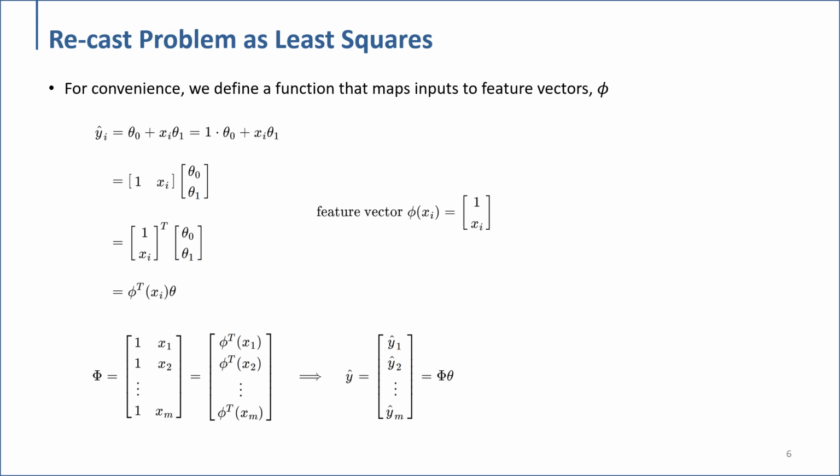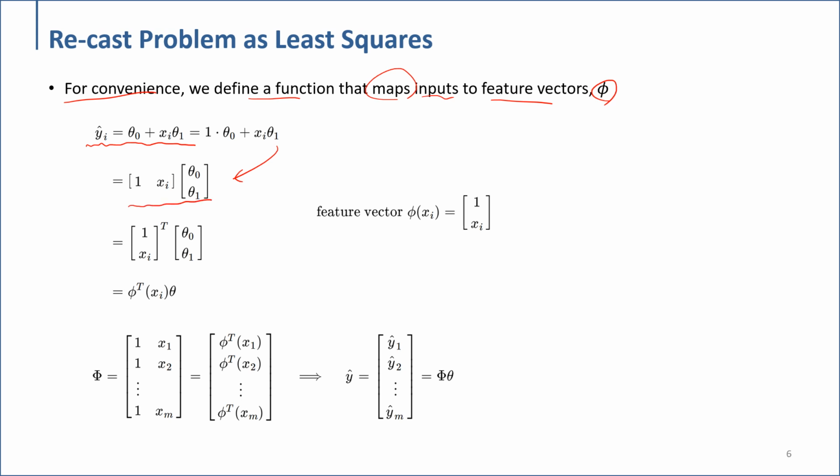And for this optimization, for convenience, we define a function that maps inputs to feature vectors phi. From the last slides, we have learned that y is equal to theta 0 plus x_i times theta 1. This linear model can be re-represented like this, and from this multiplication, we can rewrite the equation as a matrix multiplication.